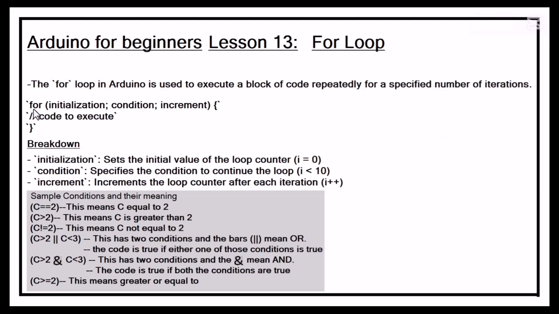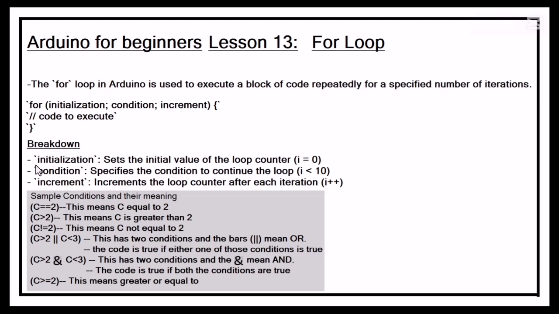So for, then bracket, you put the initialization where you're starting from, then you put the condition, and then you put the increment, which is something to do with this initialization, and here the code to be executed while this condition is true for this number of incrementation.